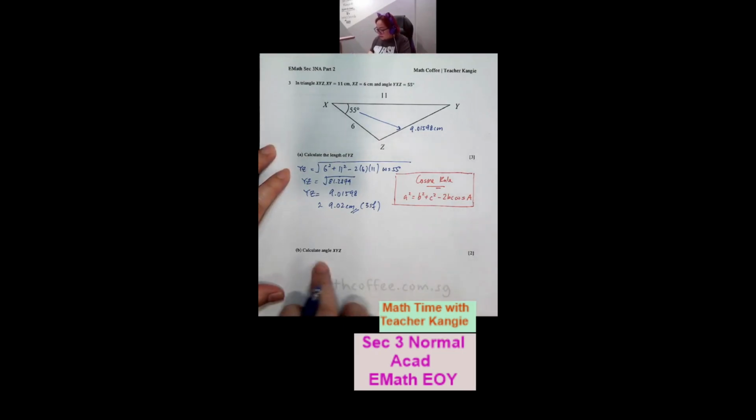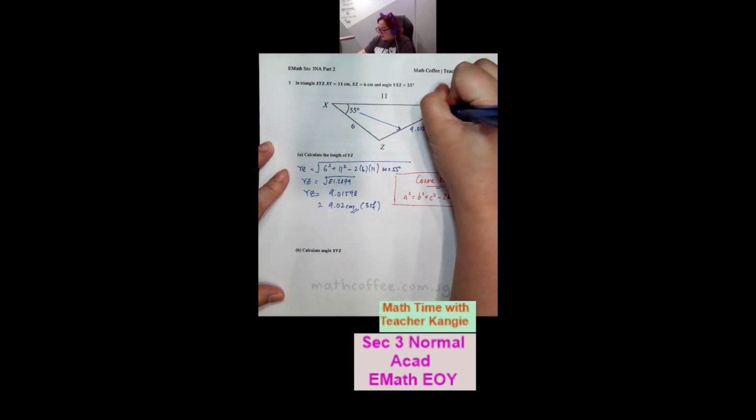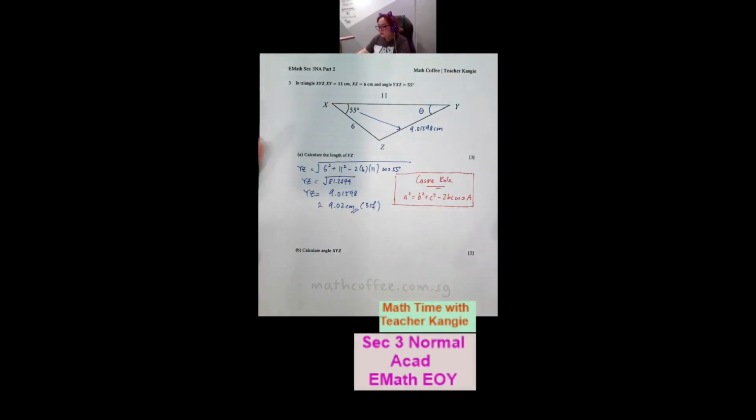Okay, so now over here we are done. Now we learn to find the angle XYZ. So I need to find this angle over here. Now, do I use cosine rule or sine rule? Technically speaking, you can use cosine rule. You can. But sine rule is easier, and we have enough information to use sine rule now.